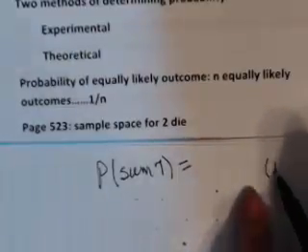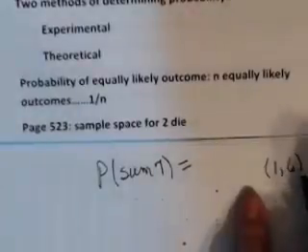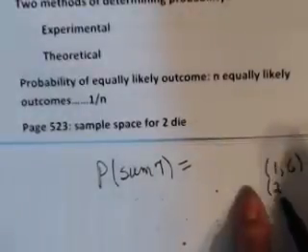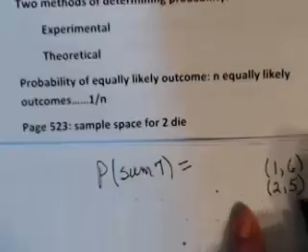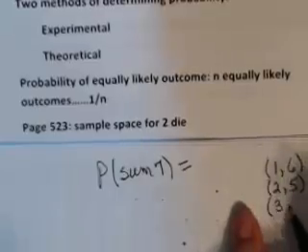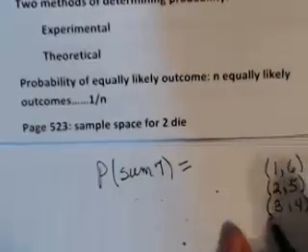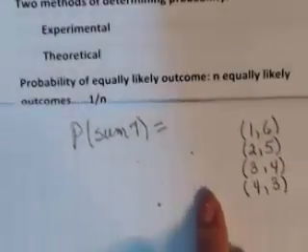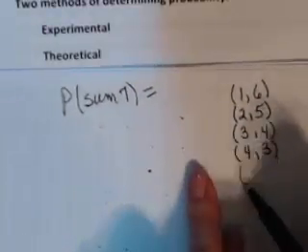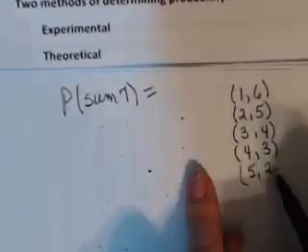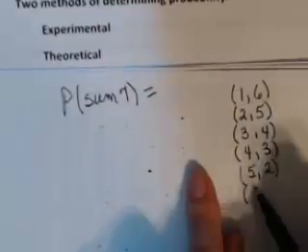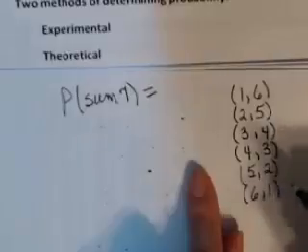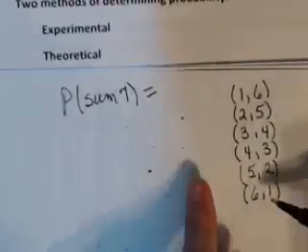So if the first is a 1 and the second a 6, if the first is the 2 and the second a 5, if the first is 3 and the second 4, if the first is 4 and the second 3, if the first is 5 and the second 2, and the first is 6 and the second 1, then you would all have 7.